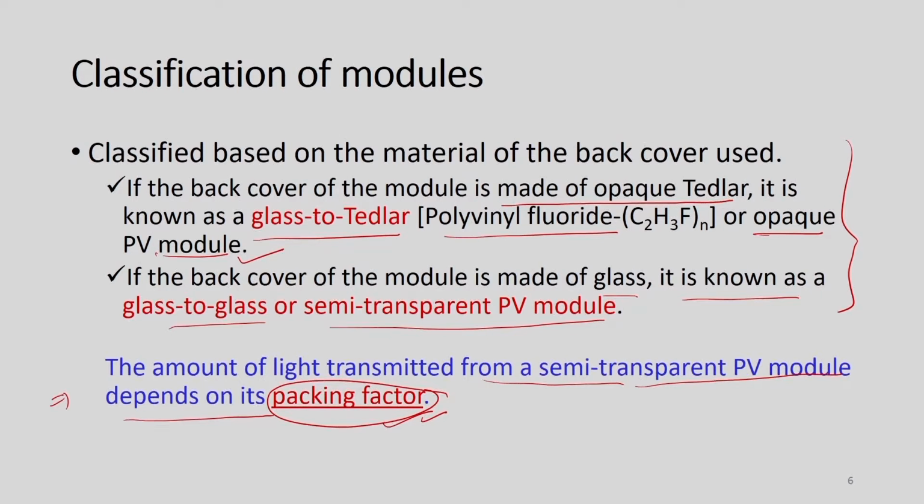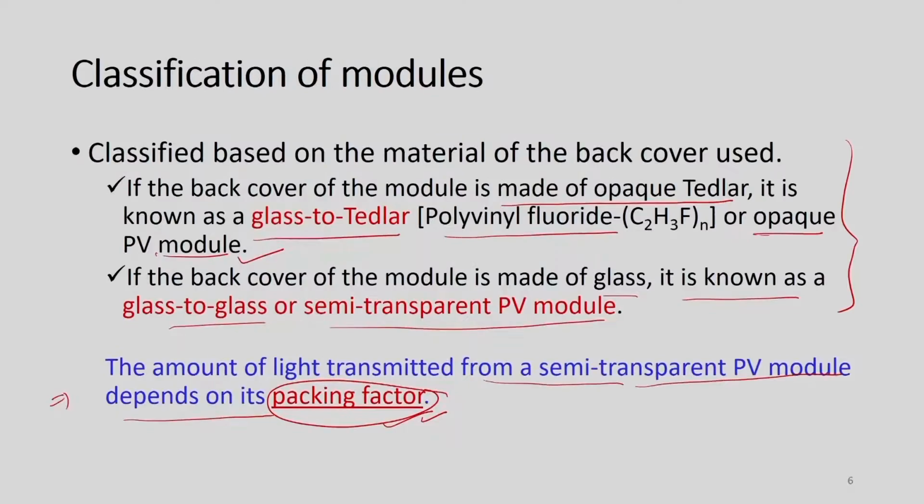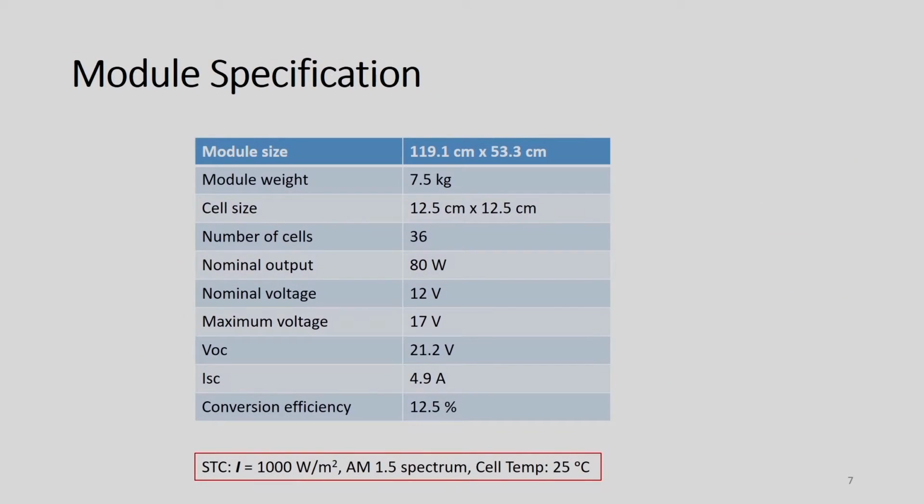So, we will define this factor, also we will study the efficiency of a module. Since we have the experience of calculating the efficiency of the cell, how this efficiency will be different for modules will be studied in the coming slides. So, this is a standard specification of a module.